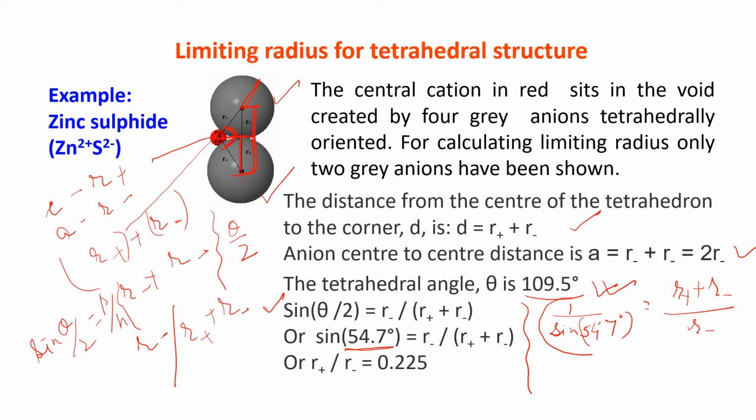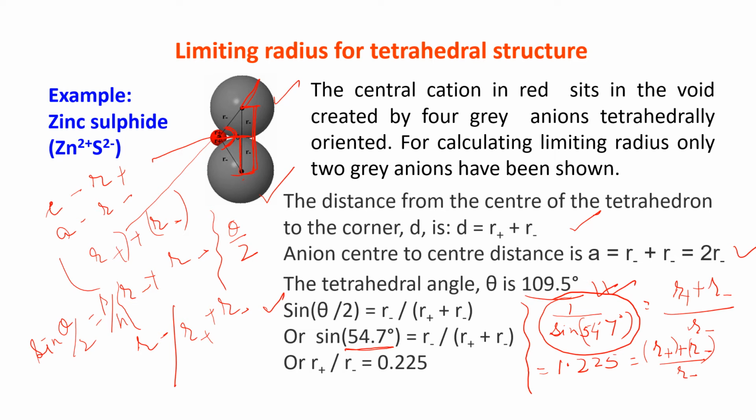Now the value of 1 by sine 54.7 degree is coming 1.225. This is equal to r plus plus r minus by r minus.